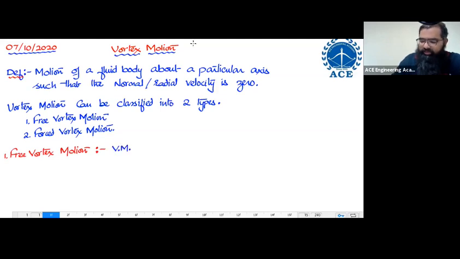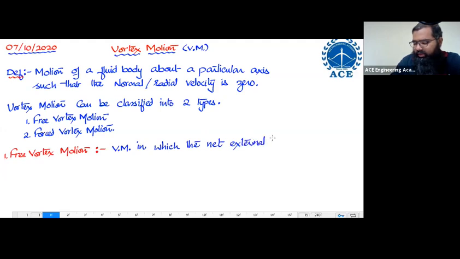When I write VM, think it is vortex motion. Vortex motion in which the net external torque is equal to zero. The vortex motion in which the net external torque acting on the fluid body is equal to 0 is known as your free vortex motion.